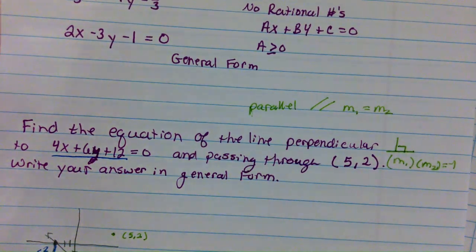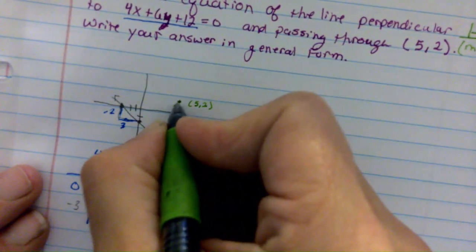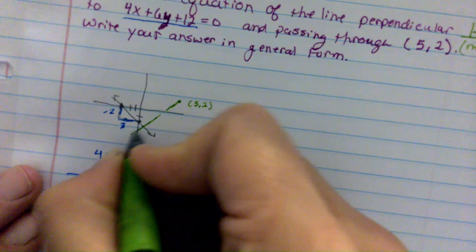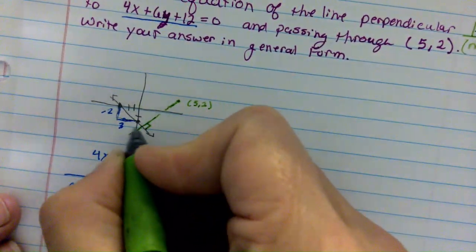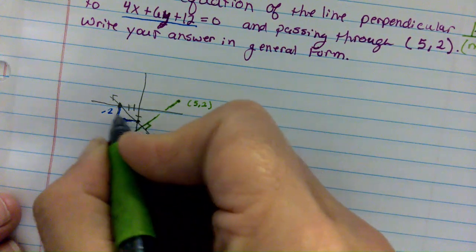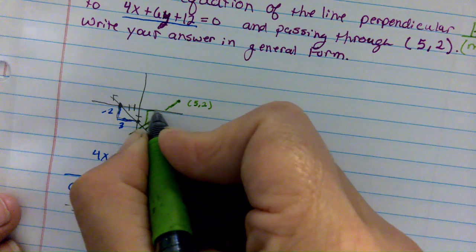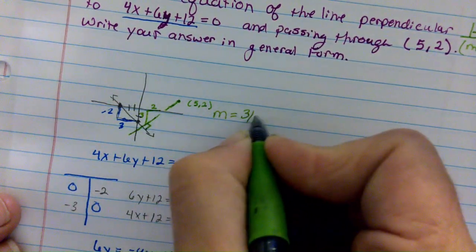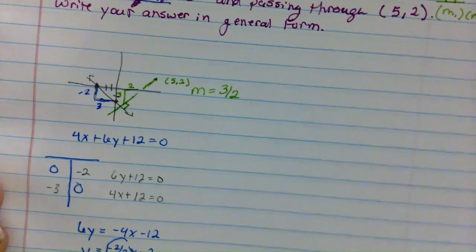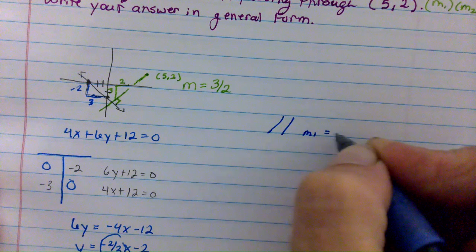But let's look at it logically. So we need this to come in and meet at a perfect 90-degree angle. So instead of going down 2 and over 3, instead of downhill, we need uphill. And instead of 2 and 3, we're going to reverse it, and it'll be 3 and 2. So we need to go up 3 over 2. So our slope needs to be 3 over 2. So again, parallel, slope 1 is equal to slope 2.